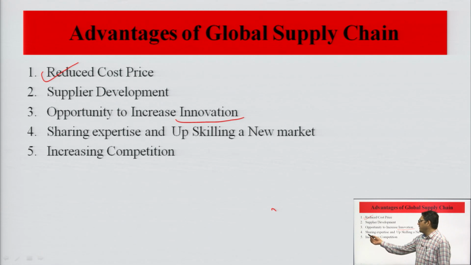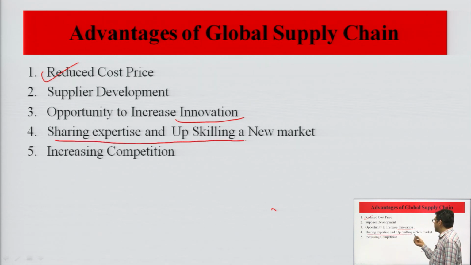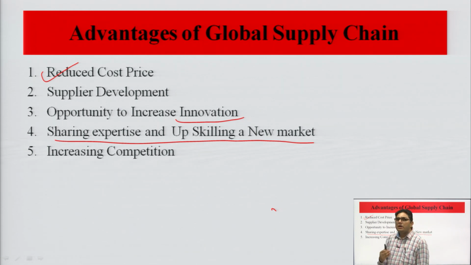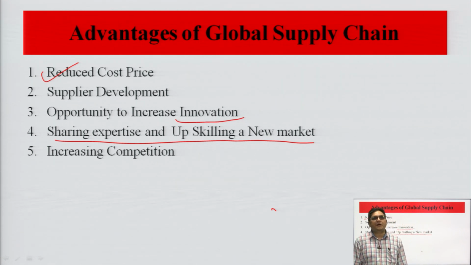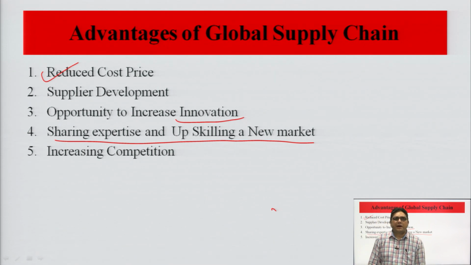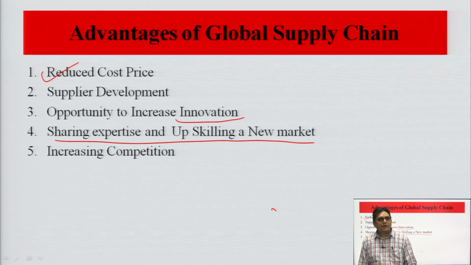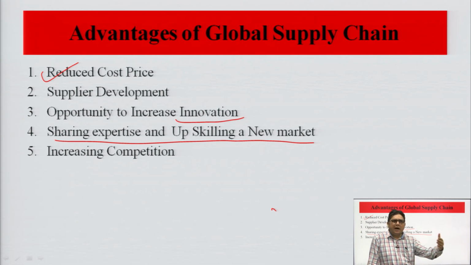Next, it is sharing expertise and upskilling in a new market. Global supply chain helps and facilitates us to share our expertise. The Indian companies or the companies from developing countries are in a position to share their experiences with other countries.